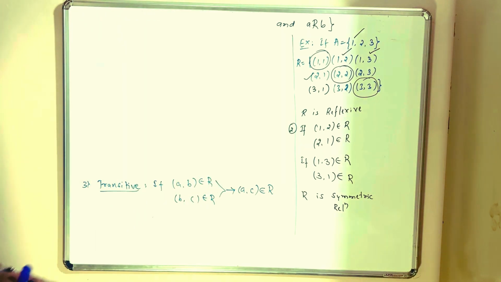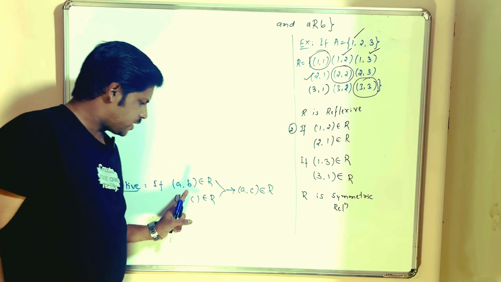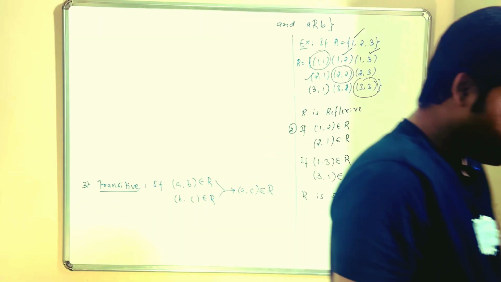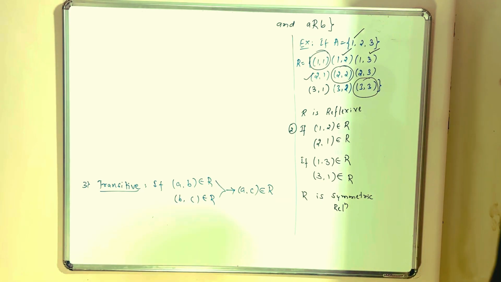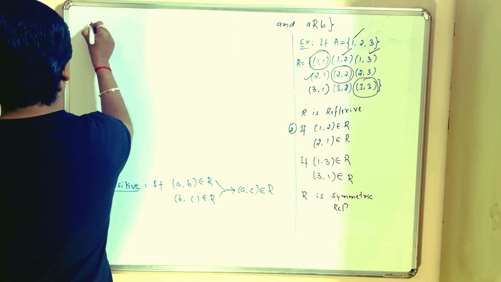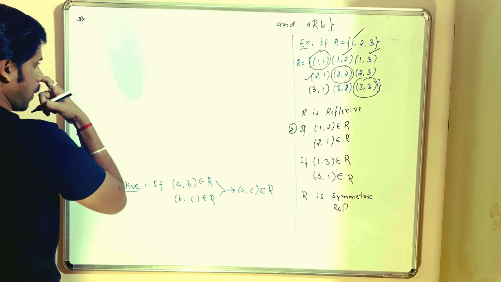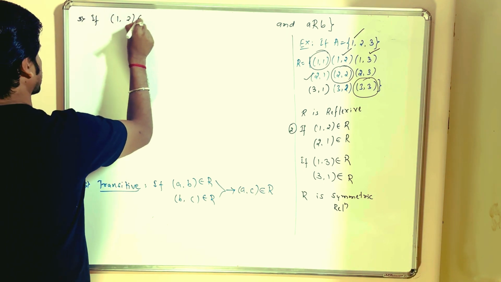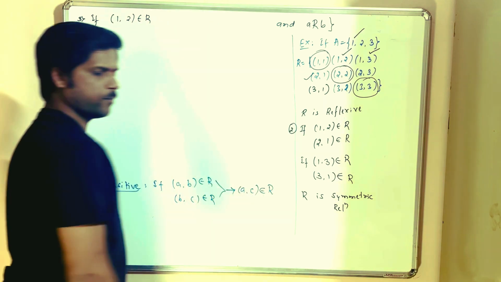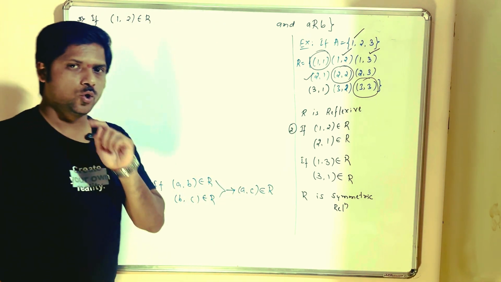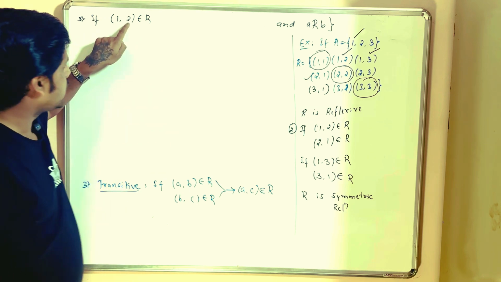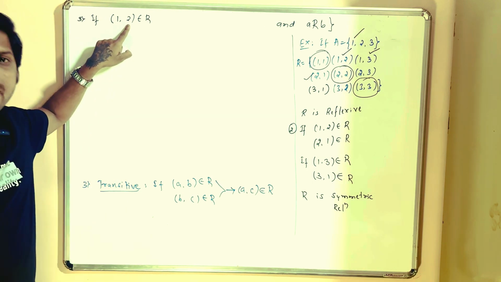See here, in the transitive property, we have to consider two ordered pairs. I will consider the third one, transitive property. So if I consider 1, 2 belongs to R in the given relation only. Next we have to choose the second ordered pair which starts from 2 only, because the first ordered pair ends with 2.